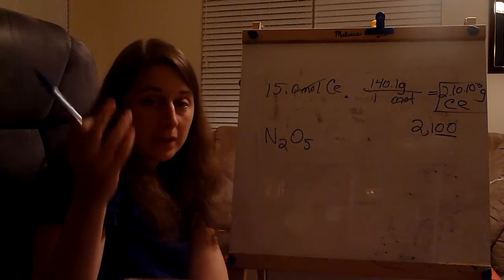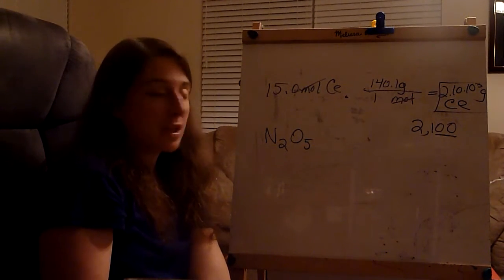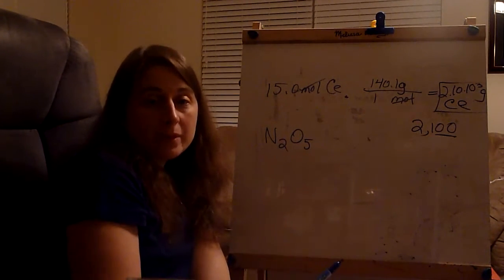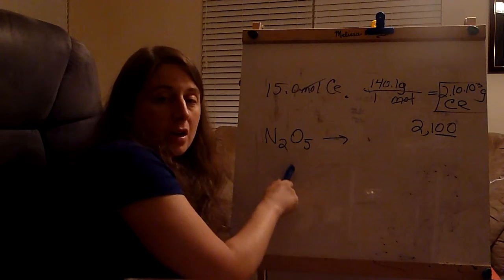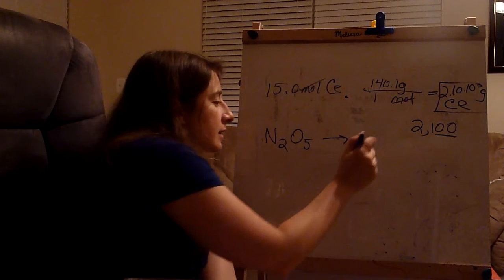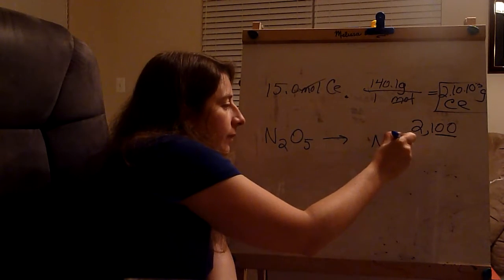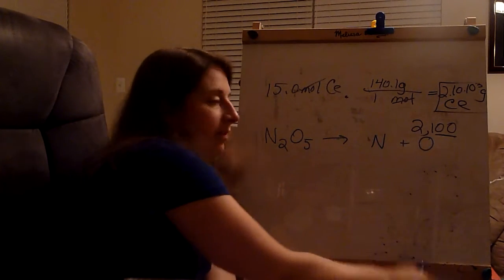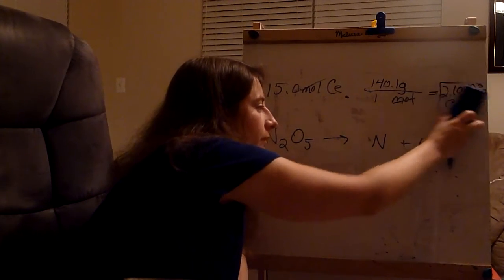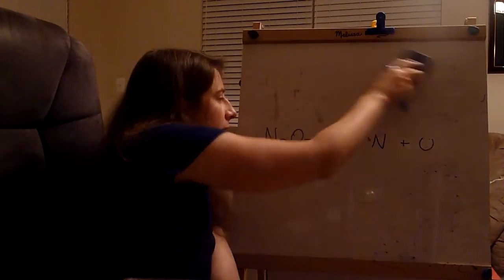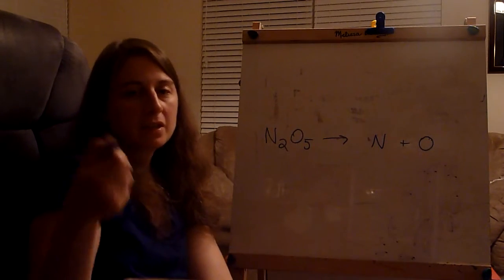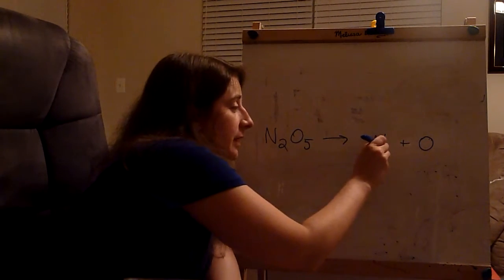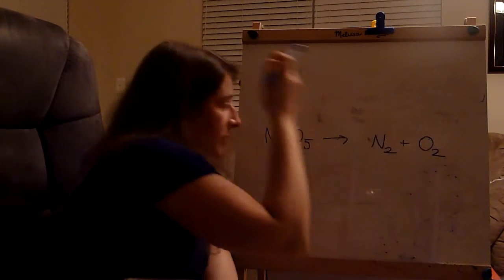Well, to find out something like this, we need a balanced chemical equation. We know when we have a decomposition reaction, we're going to break down a compound into its elements. Okay, so remember, important thing, that the homonuclear diatomics have to have their subscript.